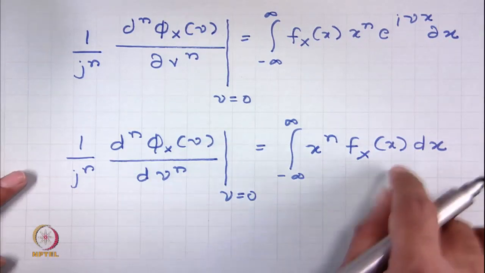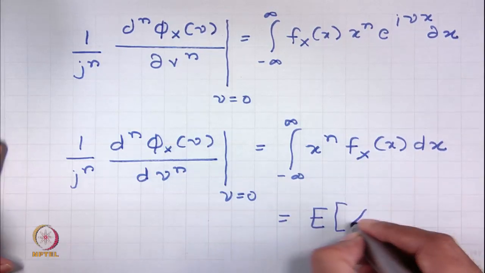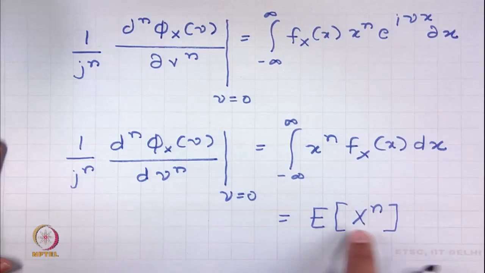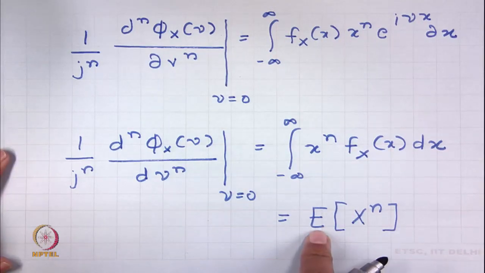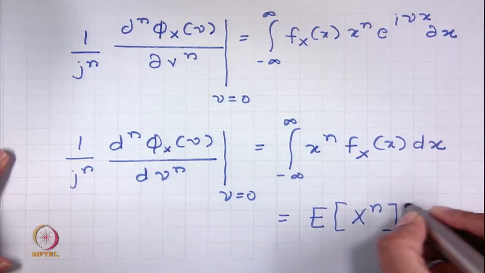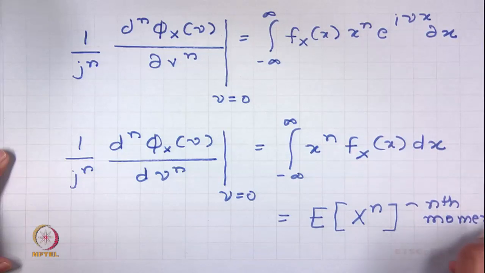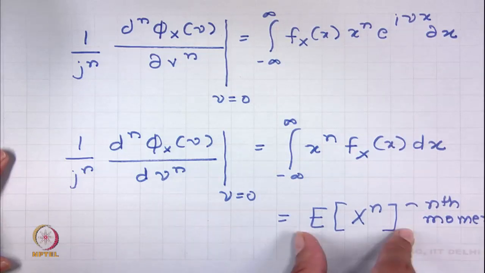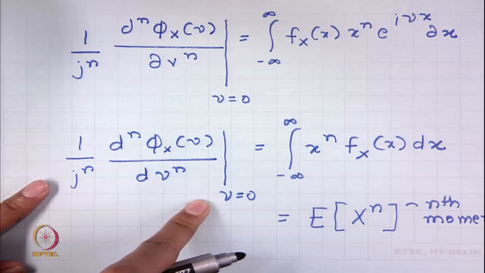This is nothing but the expected value of the random variable x to the power n. The expected value of a random variable raised to the power n is nothing but the nth moment of the random variable x. So I can find the nth moment of random variable x in terms of the characteristic function.